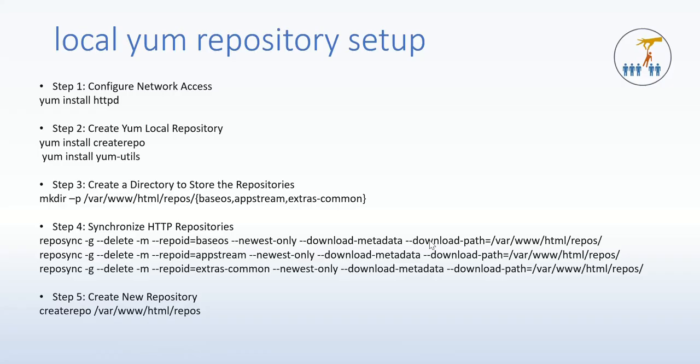So the first step is to install the Apache web server, and the next step is to create the local repository. There's a utility we have to install, yum utils. These two commands will do the job for us.